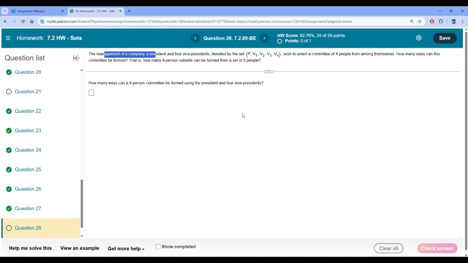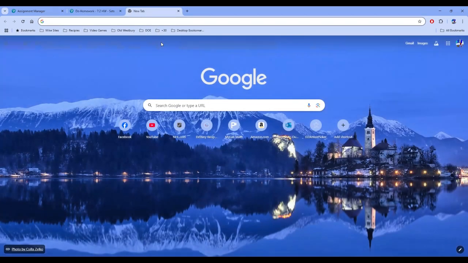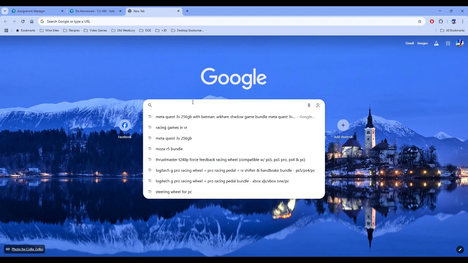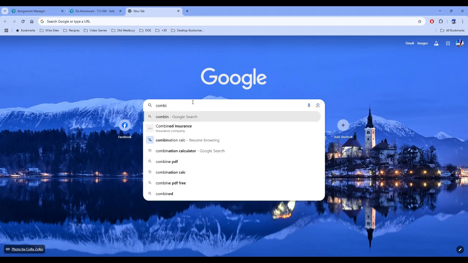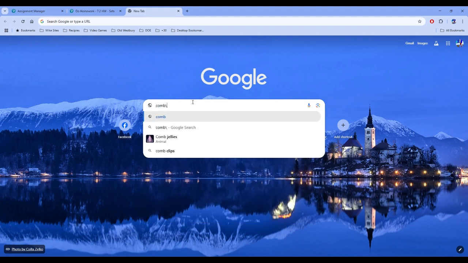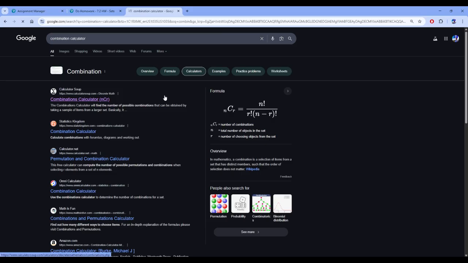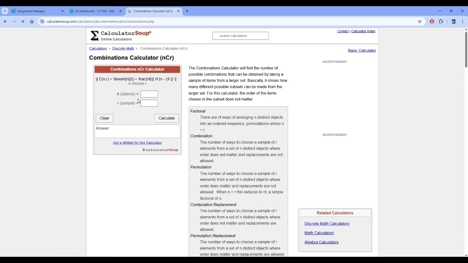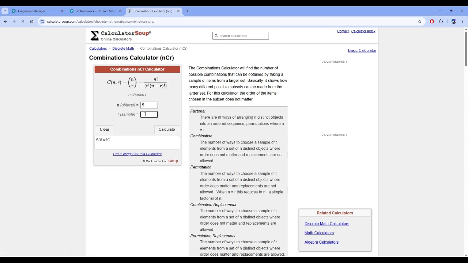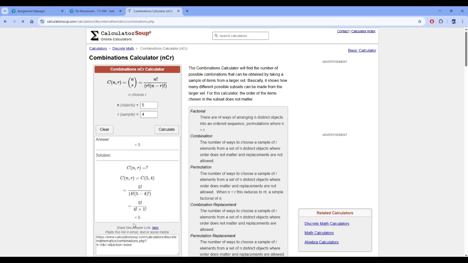I think it's 5 choose 4. Combination calculator. It's 5 people and my sample is 4. Calculate. There are 5 ways I could do it.